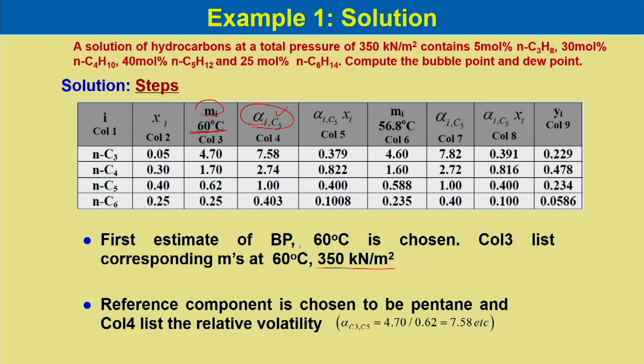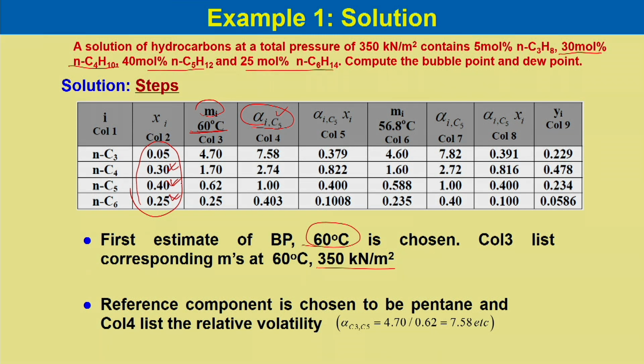Initially 60 degree temperature is chosen and the data for the distribution coefficient is taken from the literature. These are the mole fractions given in the problem: 5 mole percent normal propane, 30 mole percent normal butane, 40 mole percent normal pentane and 25 mole percent normal hexane.